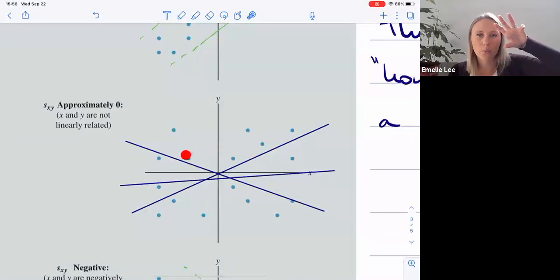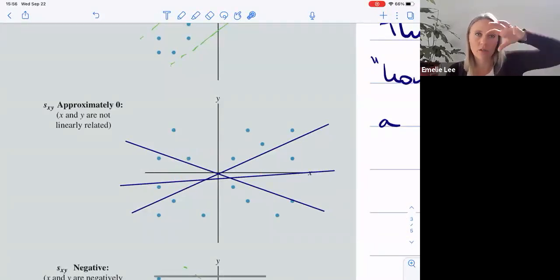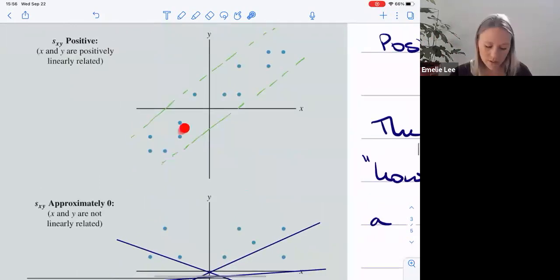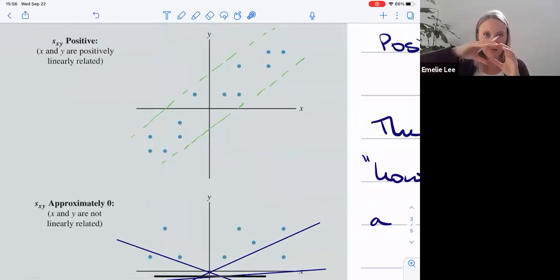There's no true relationship here. We could angle our line any which way and it doesn't really capture anything. And so here, this would be a correlation of 0, okay? Then when I move out towards a correlation of 1 or -1, then I'm moving out towards just a stronger and stronger relationship. Okay.